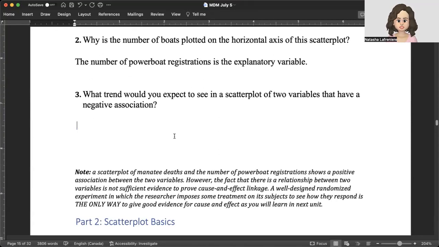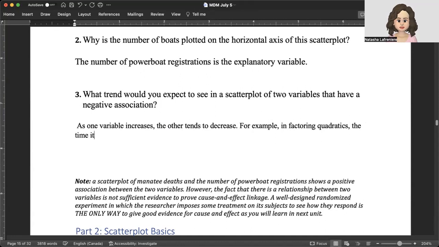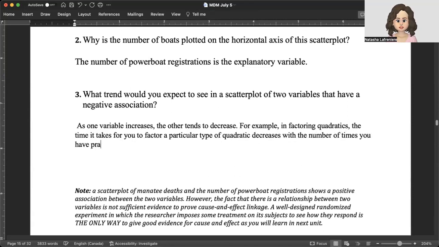Okay, and what trend would you expect to see in a scatter plot of 2 variables that have a negative association? As one variable increases, the other tends to decrease. For example, in factoring quadratics, the time it takes for you to factor a particular type of quadratic decreases with the number of times you have practiced factoring.